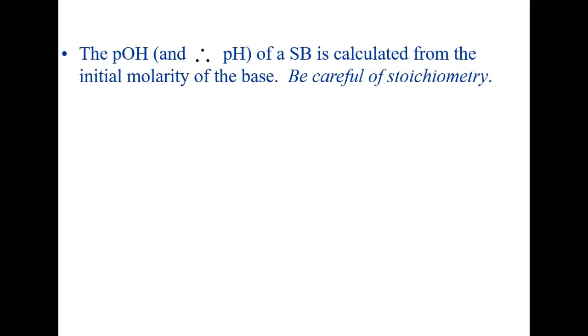For bases, since we're working with hydroxide, then we have the pOH, and then therefore the pH of a strong base is also calculated from the initial molarity or concentration of the base. Now this time around, because we have some strong bases that have 2 hydroxide ions, that gets a little bit tricky with the stoichiometry, and I will show you one example of each.